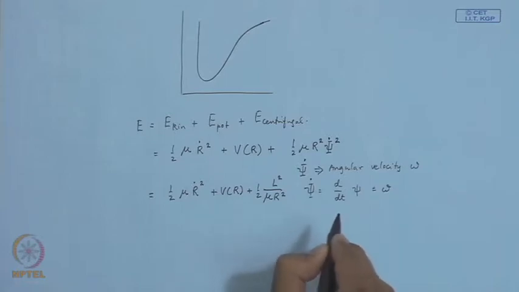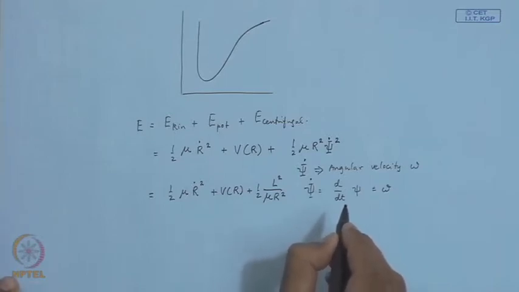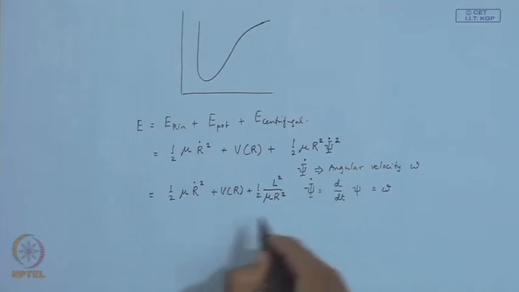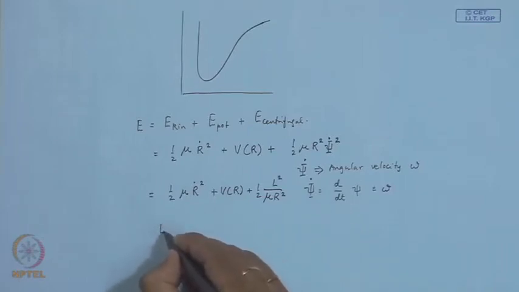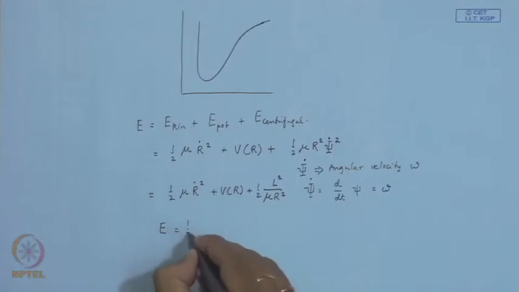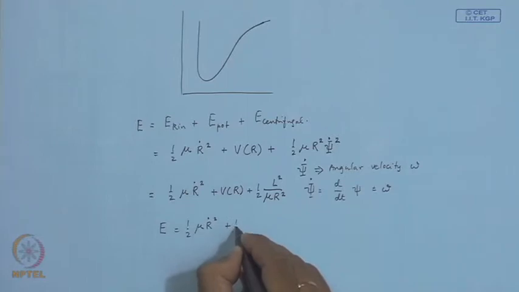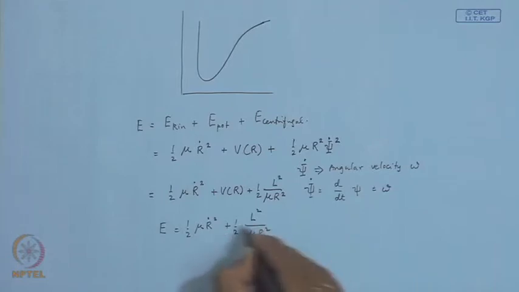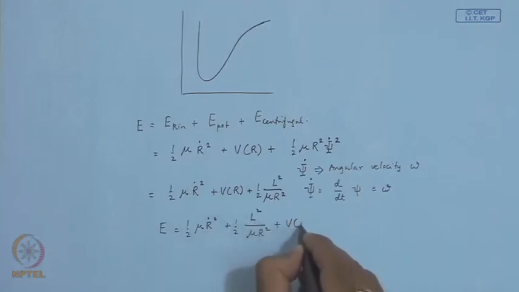That means your total energy is equal to half mu r dot square plus half L square by mu r square plus V r.